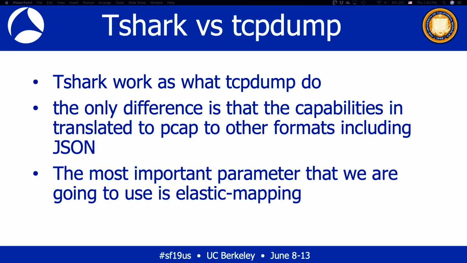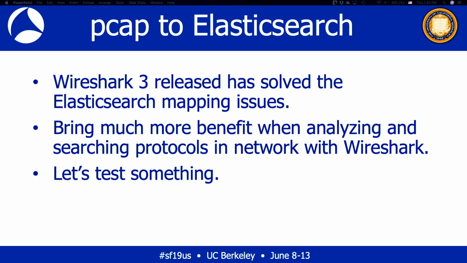So the most important parameter that we are going to use is the Elastic mapping, because the Elastic mapping translates the pcap fields and protocols into Elasticsearch. From version 3 onwards, they have resolved what we call the Elasticsearch mapping issue. Okay, so it will be much more beneficial for analyzing and searching for protocols in the network with Wireshark.